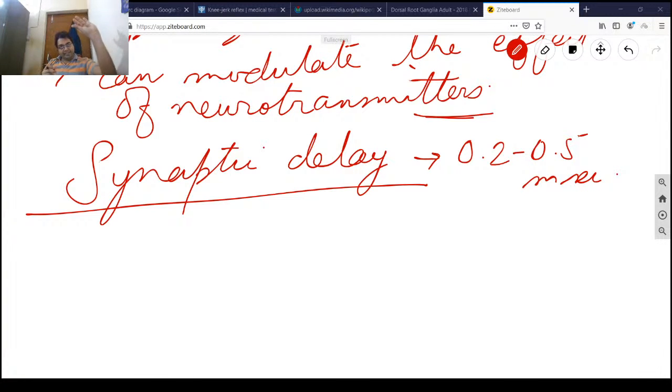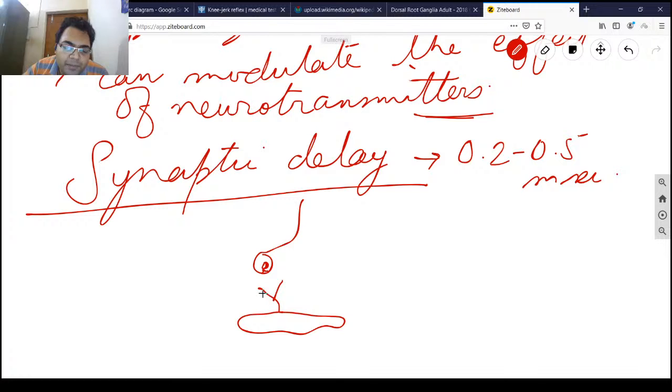It means the action potential has arrived at the axon terminal. Now depolarization will happen, calcium ions will enter, the vesicles containing neurotransmitters will fuse with the presynaptic axon terminal plasma membrane, and then they'll be released and bind to the receptor of the postsynaptic neuron, and then depolarization will happen.